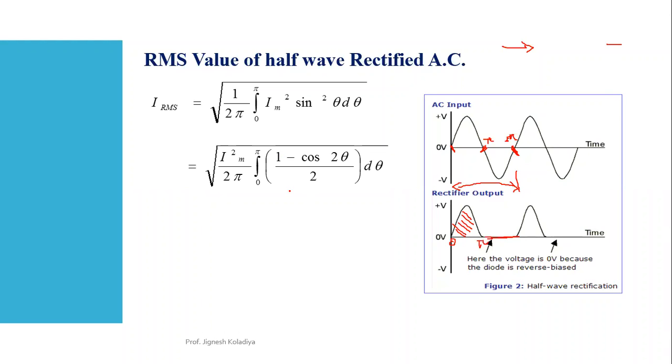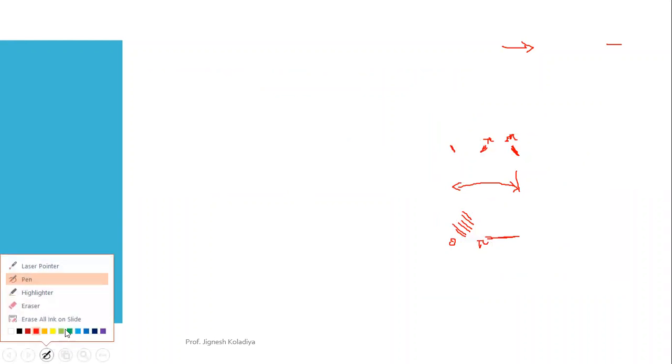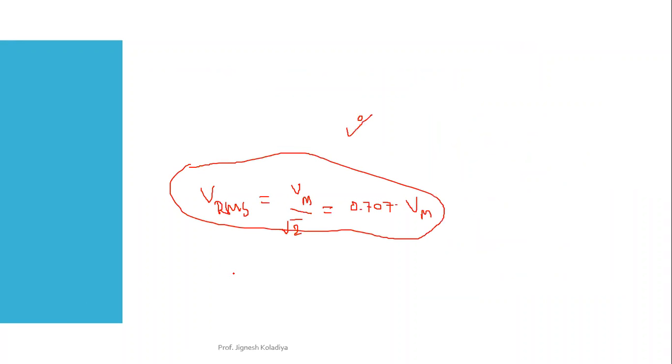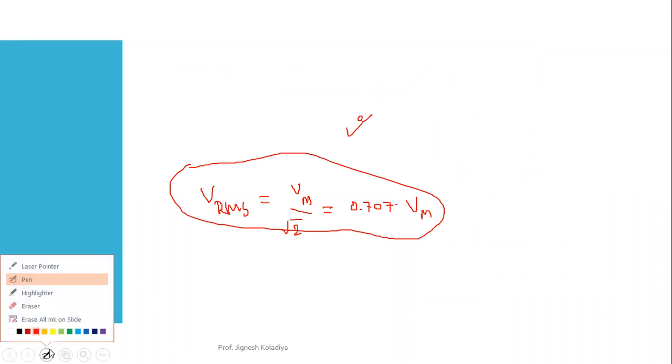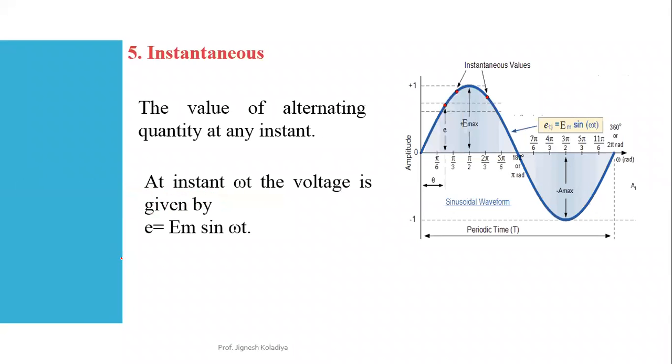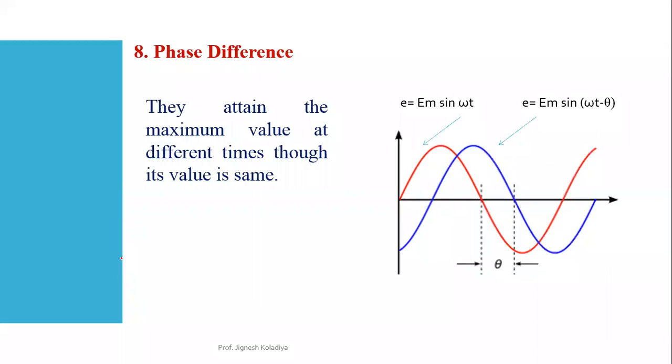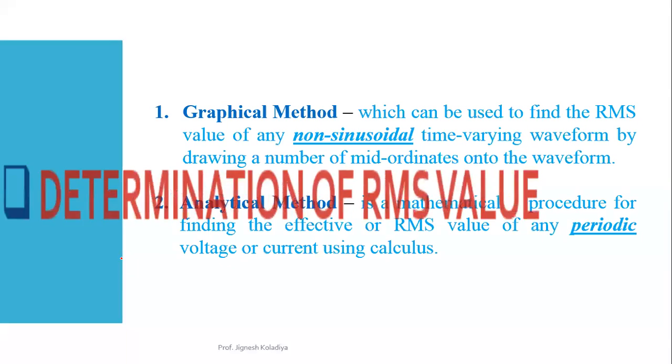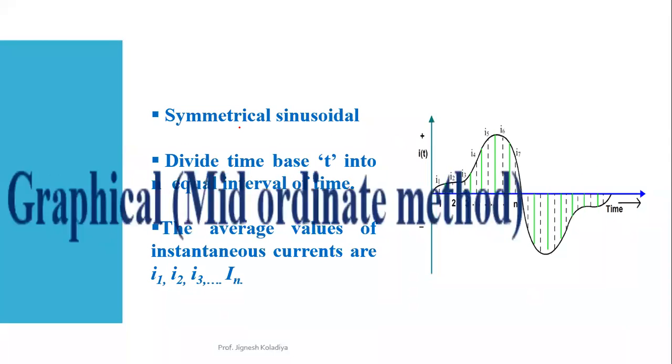Now if you have any doubt regarding today's session, you can ask your query. Let me just give you the highlight of what we have completed today. We have started from the RMS value. We have seen two methods, graphical and analytical method, to determine the RMS value.